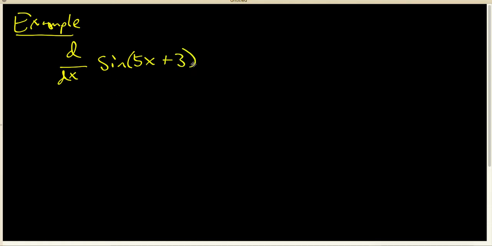So let's look at the following example. Let's suppose I want to take the derivative of the sine of 5x plus 3. The baby chain rule says that this is going to be the derivative of the sine, which is the cosine, evaluated at the linear function, times the slope of the linear function, which of course would be a 5.